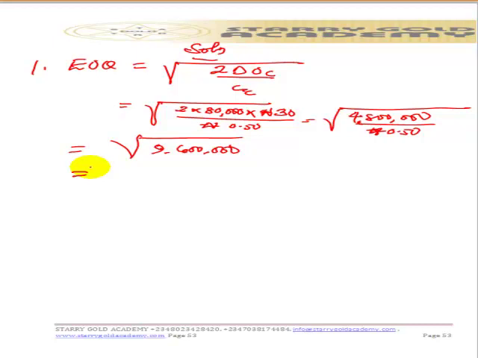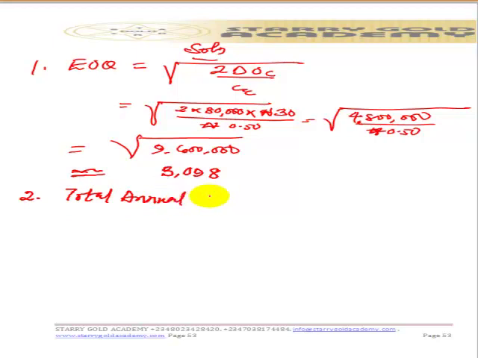The square root of 9,600,000 is giving us 3,098 approximately, just to approximate.